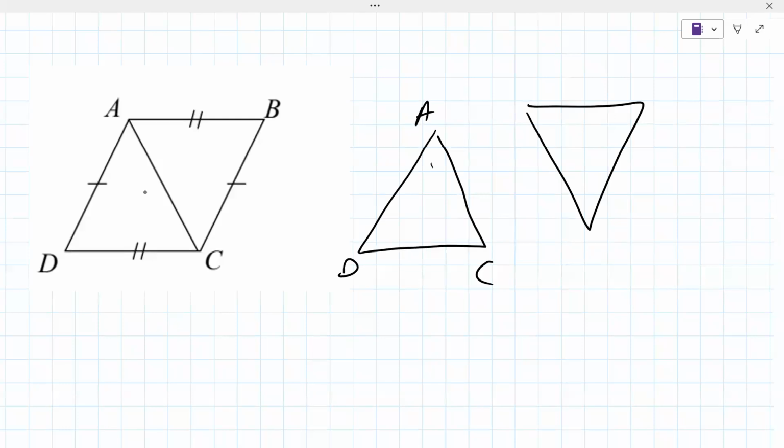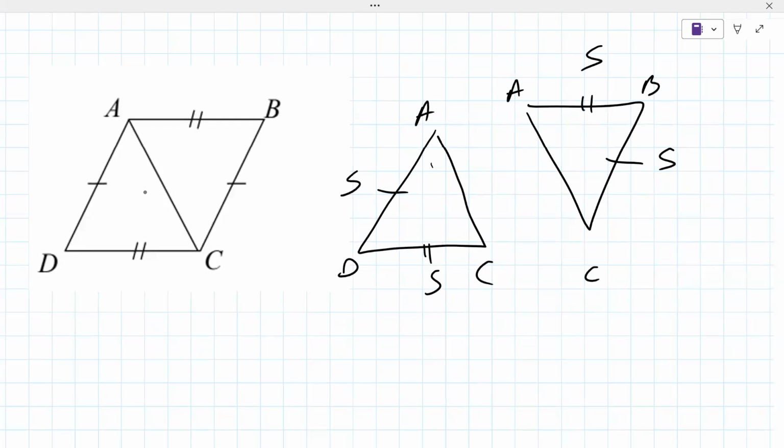And then A, B, C. Very good. So you've got a side and a side, a side and a side.